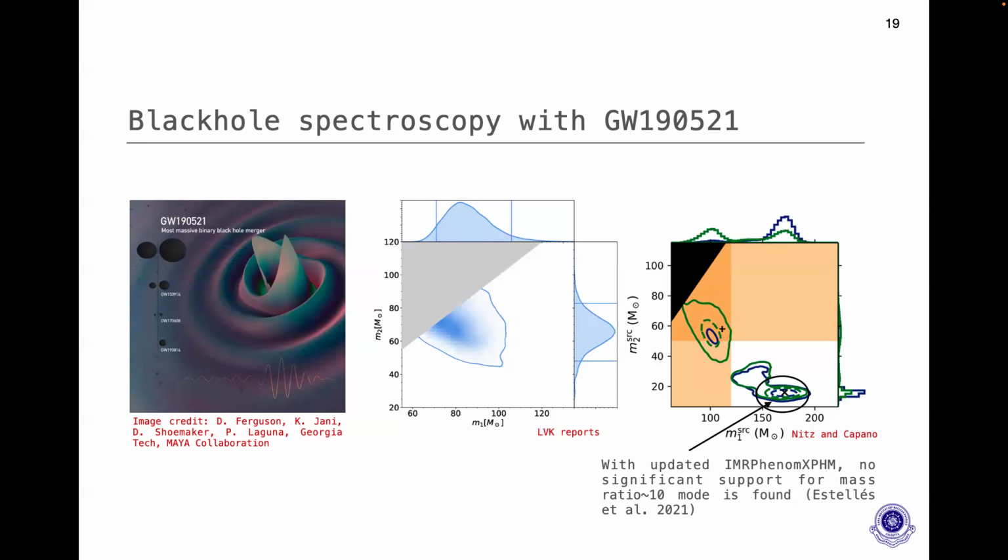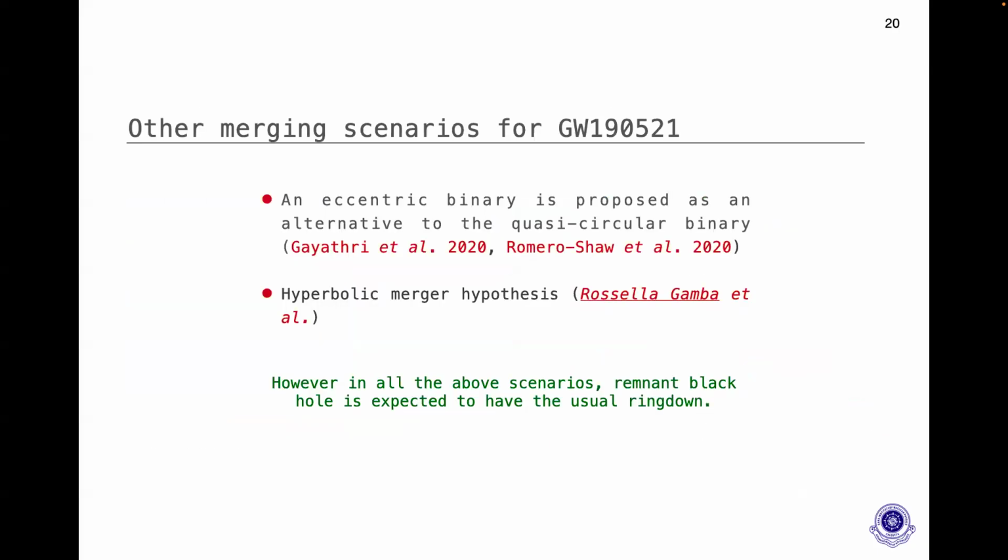But later there was another group who performed the same analysis with a more updated model, IMRPhenomPHM. They did not find a very high mass ratio mode of about 10, but they still found a second blob where the mass ratio was roughly about 6. Okay. So there are other scenarios that have been proposed for GW190521.